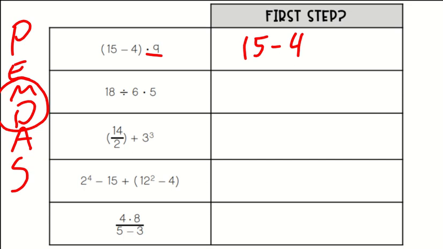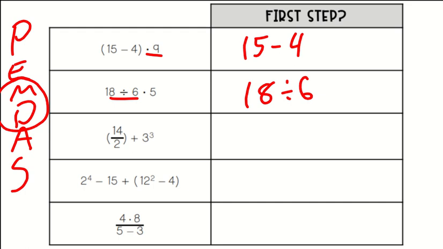Same with addition and subtraction. So that means the division gets done before that multiplication. So 18 divided by 6 comes first. Everybody clear on that? Makes a big difference whether you're doing 3 times 5 or 18 divided by 30.